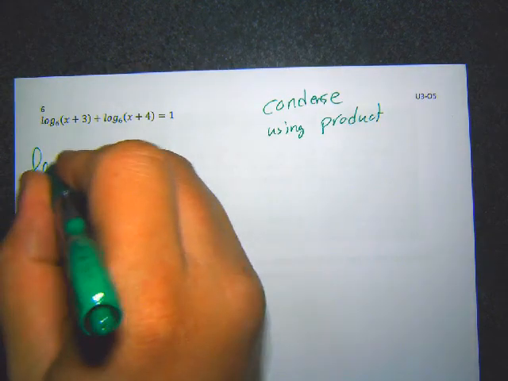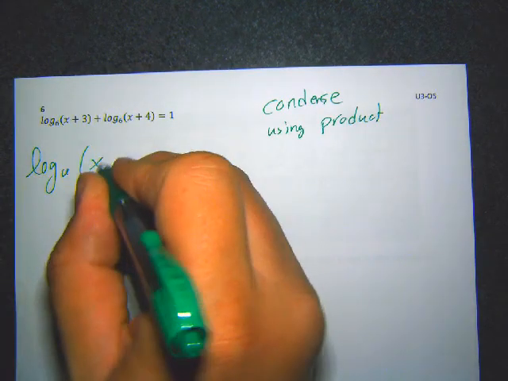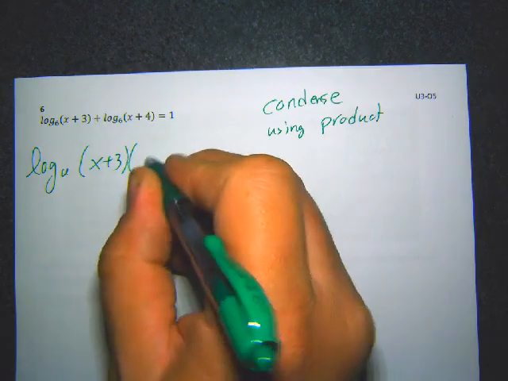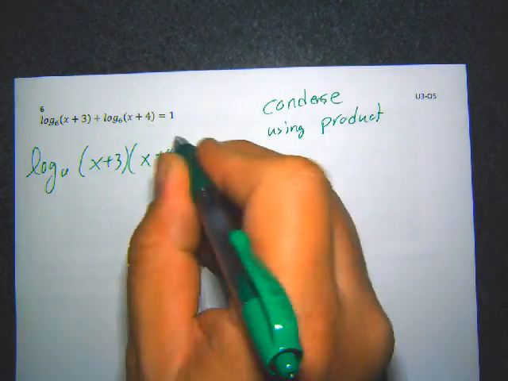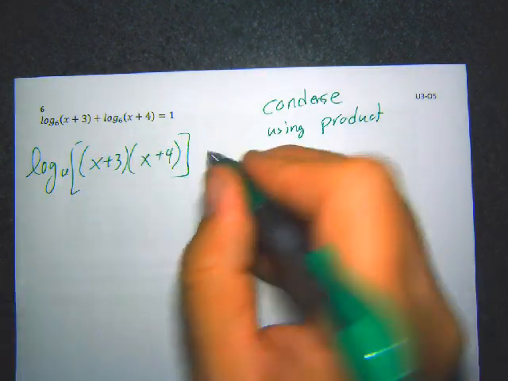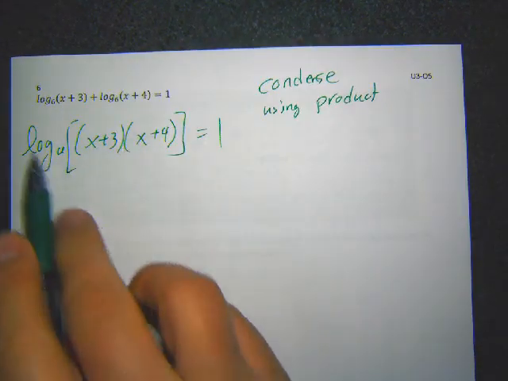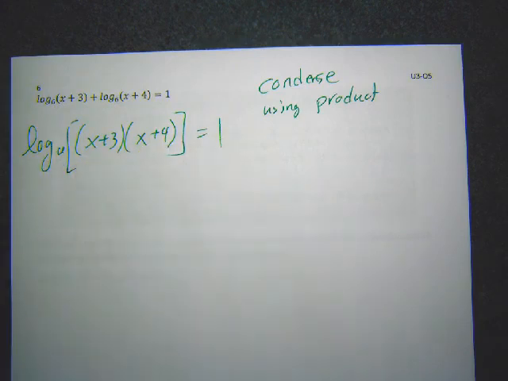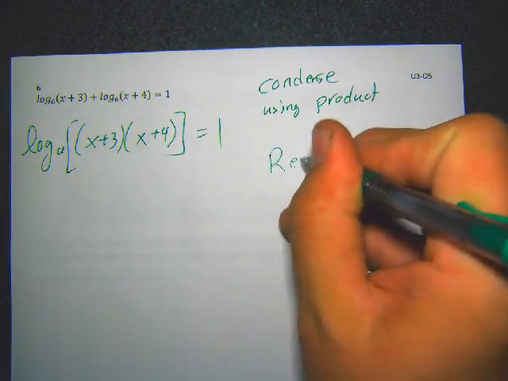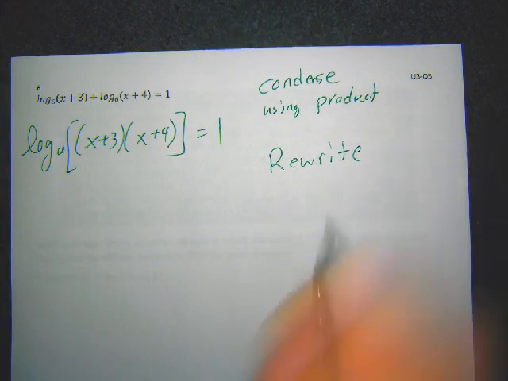So I get log base 6 of x plus 3 times x plus 4. That whole thing's inside this log, so I'll put a big bracket around there, equals 1. I don't care what's inside the log. As long as I get down to a single log equals a number, then I can rewrite. So that's the trick here. We're going to condense it down first, and then we'll rewrite. So the base is going to be 6.